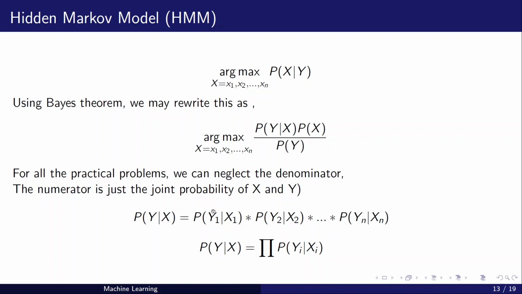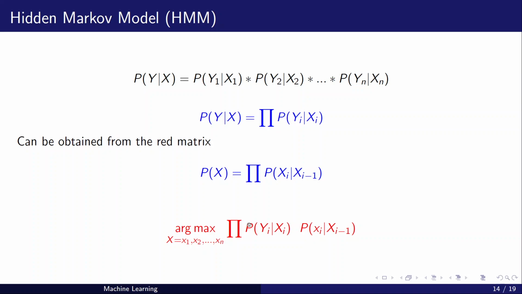P of y is the observed variable and x is the hidden variable. So this value can be observed. So p of y given x is the product of p of yi given xi, and that can be obtained from the emission matrix. Now p of x is the product of p of xi given xi minus 1, because it's a Markov chain, so xi is dependent only on xi minus 1.